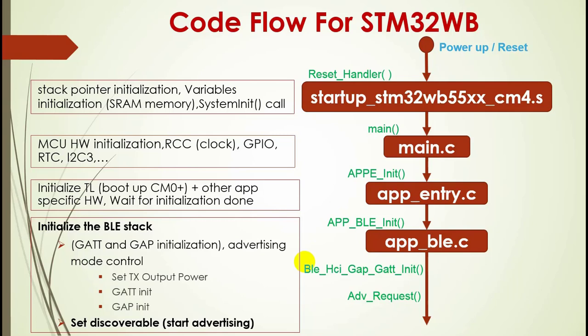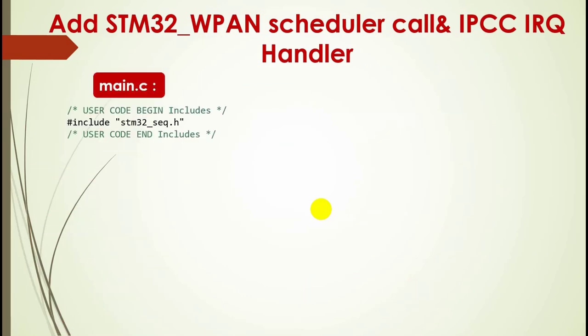But before that, let's first write some lines of code to generate an iBeacon and to make the BLE work. For that, we need to first add an include file into the main file.